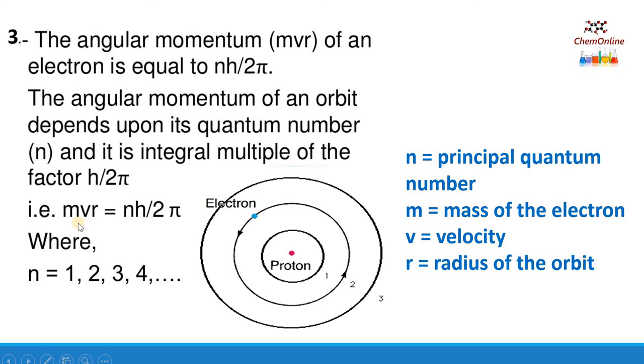The angular momentum is given as mvr = nh/2π, where m is the mass of the electron, v is the velocity, r is the radius of the orbit, and n is the principal quantum number. So according to Bohr's postulate, the angular momentum is a quantized value given by nh/2π, where n can have values 1, 2, 3, 4, etc.